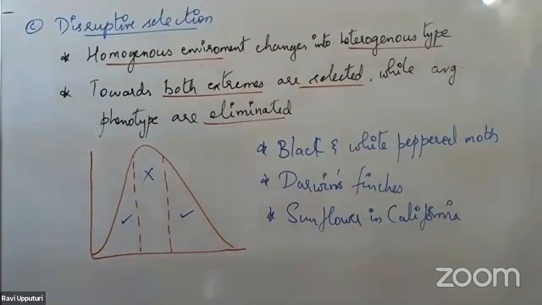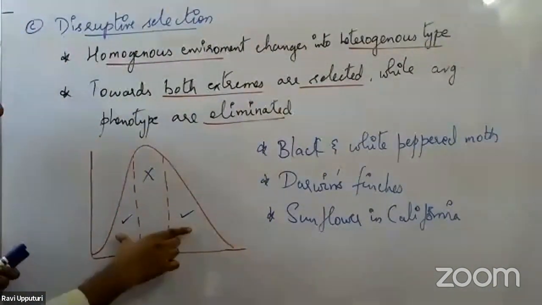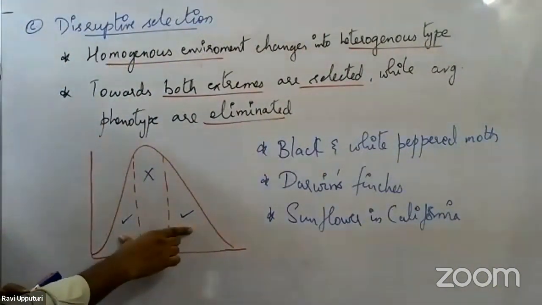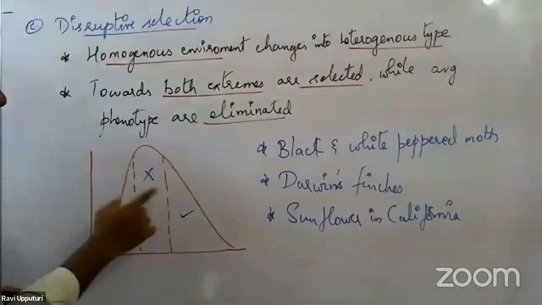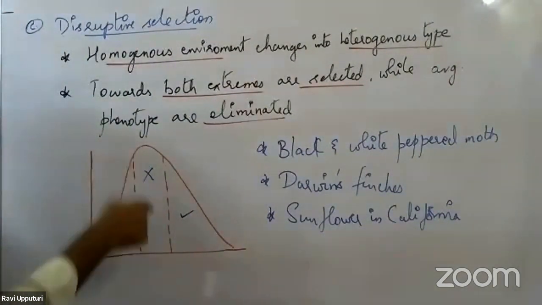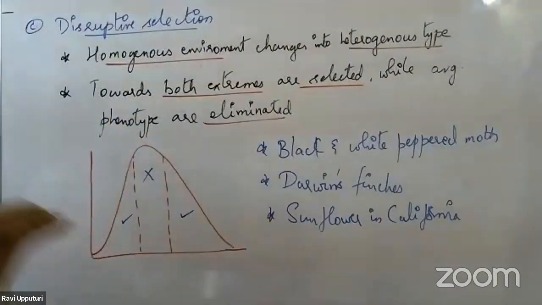So three different types of selection we have seen so far pertaining to the process of natural selection. The first one is stabilizing selection. What happens in stabilizing selection? Individuals present towards both the extremes are being eliminated from the population, whereas individuals present towards the mean phenotypic value alone are being selected.